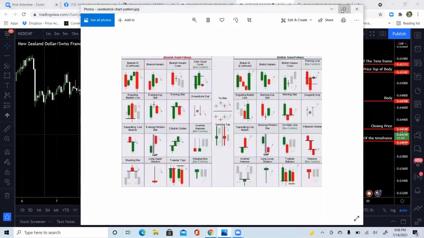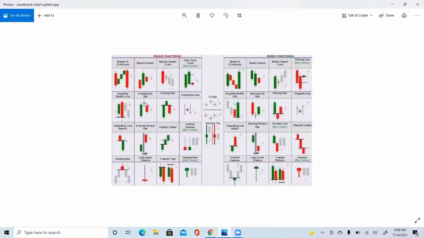So let's look here. These are some of the more popular candlestick patterns. Now, you don't have to be able to trade every one as a confirmation, but having an idea of what's going on is paramount to understanding where your analysis is.